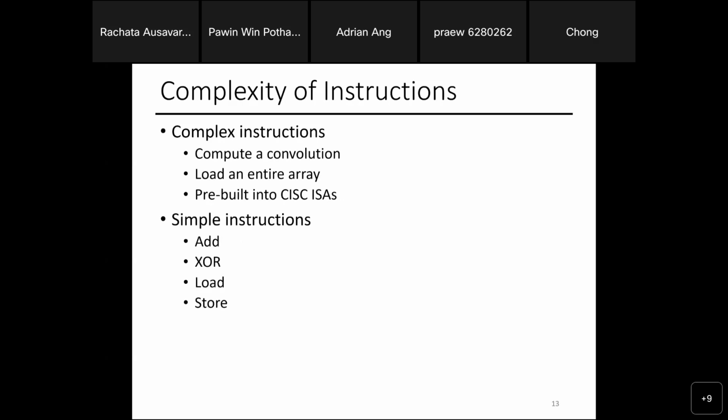Now, complex instruction can include things like, how many people know what's a convolution? Okay, so if you do machine learning, for example, or signal processing, image processing, you're going to have to do this a lot.